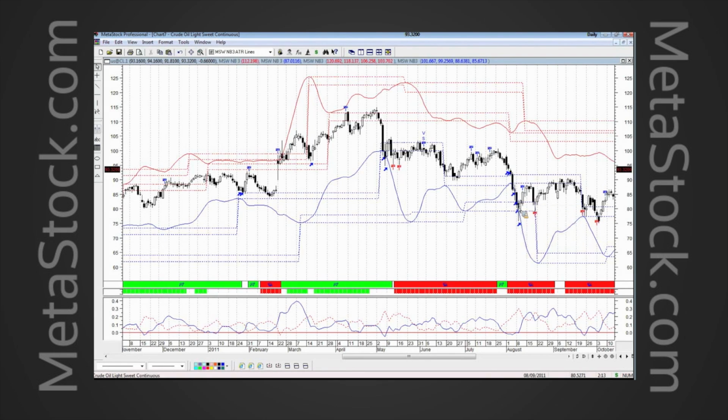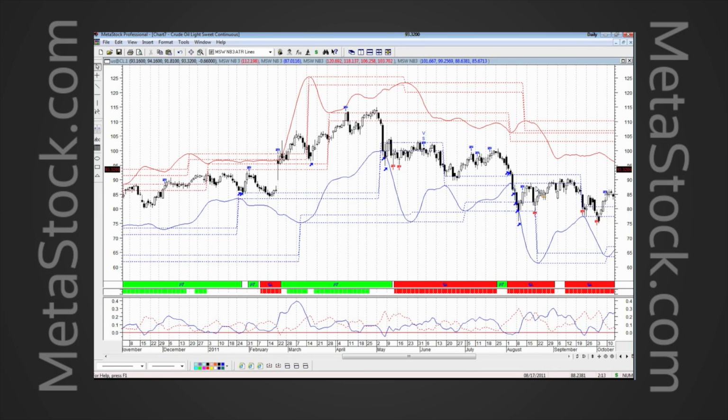I come down, support is hit, trades back up into what is now resistance. Now I'm much more convinced that I'm in a downtrend, and this makes for a very good trend entry point right around resistance, okay? And we get some trend to the side, but eventually the trend continues down.